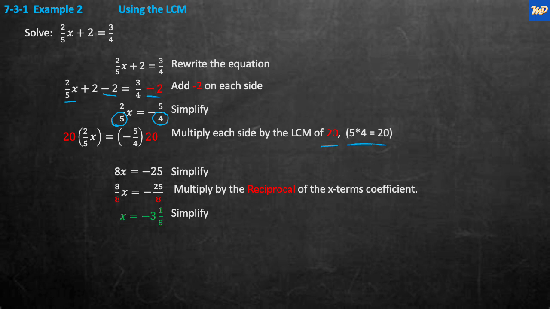So if we multiply by the reciprocal of 8, we're multiplying by 1 over 8. Or in this case, it's being drawn as 8 divided by 8. So that's going to cancel, make x a 1. And the other side is minus 25 divided by 8. And minus 25 divided by 8 is minus 3 1/8, because 8 times 3 is 24, and there's 1/8 left over.